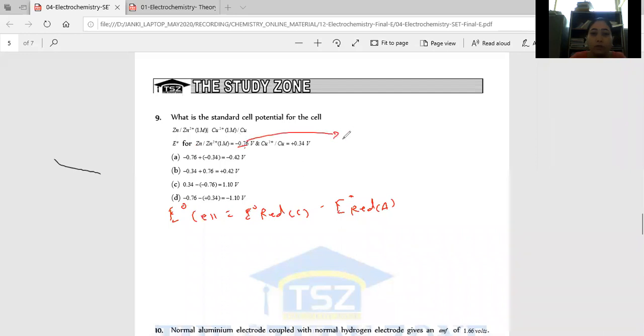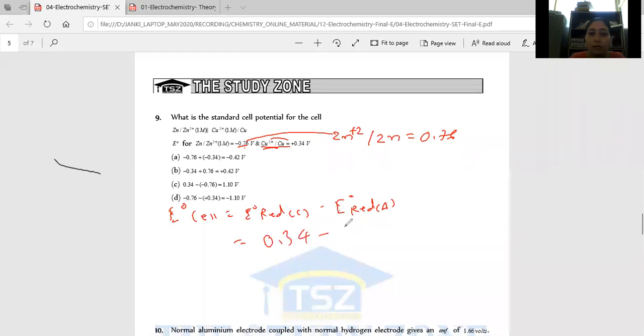Then what is the reduction potential of zinc? Zn plus 2 to Zn, that is 0.76. For copper, reduction is given, because plus 2 to 0. Then this is the reduction potential. So E naught, which is the cathode? Cathode is copper. What is the reduction potential of copper?